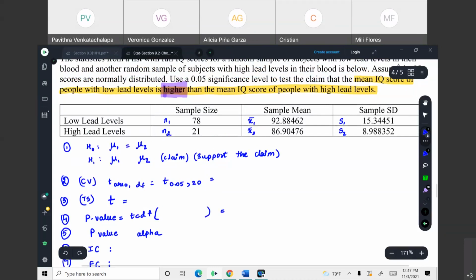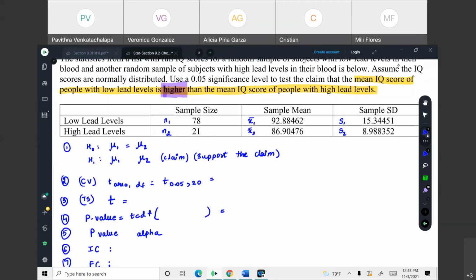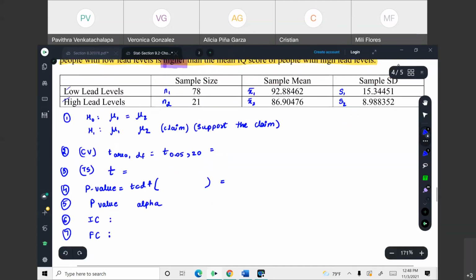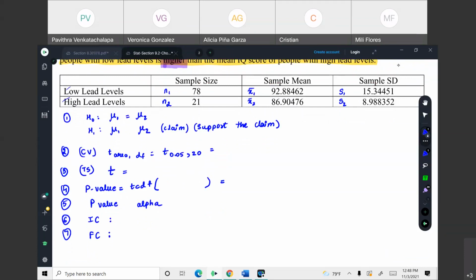Now it says the IQ score of low lead is greater, that is, sample 1 is greater than sample 2. So if sample 1 is greater than sample 2, what is the symbol? Greater than. Okay, according to the claim, sample 1 is greater than sample 2. So we write like this.